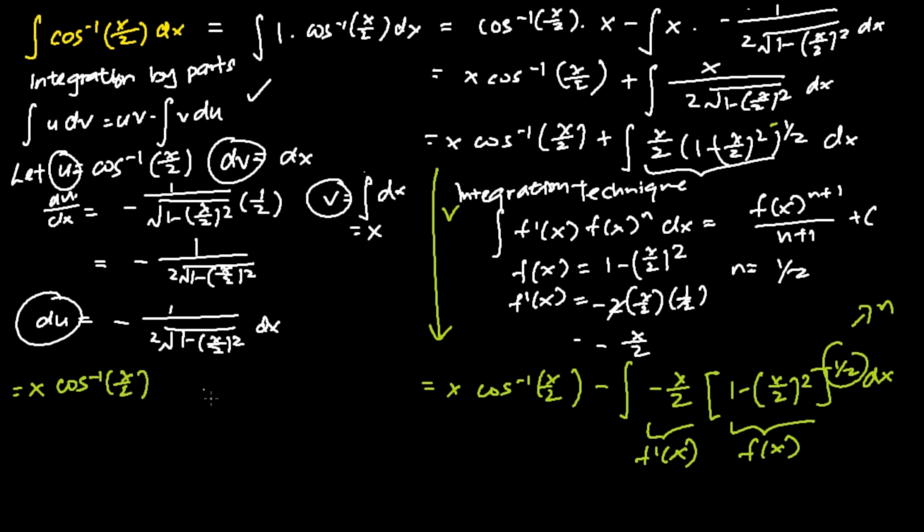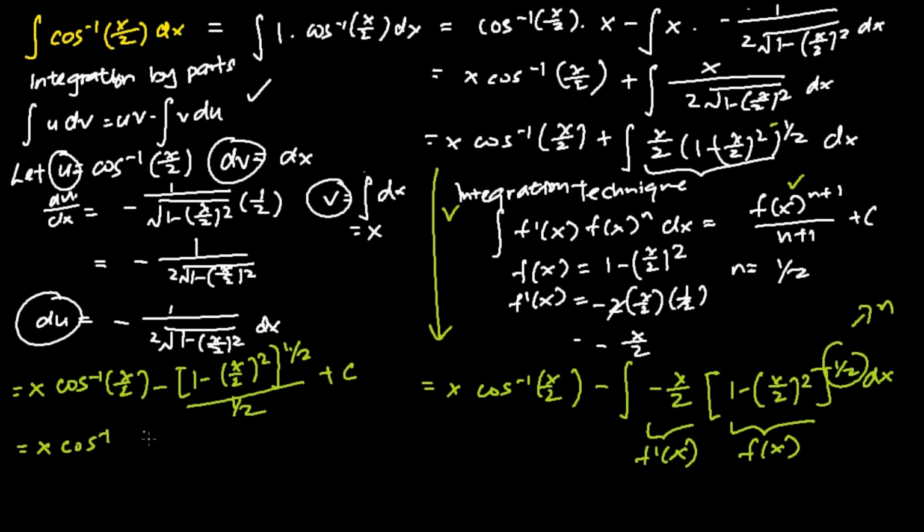So that will be x cosine inverse x over 2 minus, my f(x) is 1 minus (x over 2) squared to the power of half over half plus c.